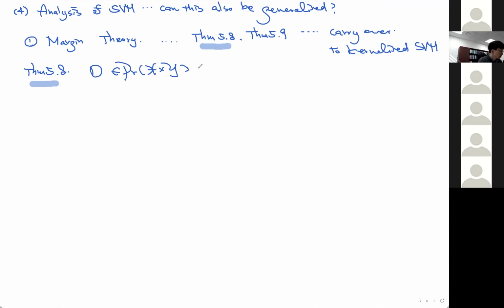And we have a margin rho. And our hypothesis set is defined as the set of maps such that the norm is bounded by lambda.